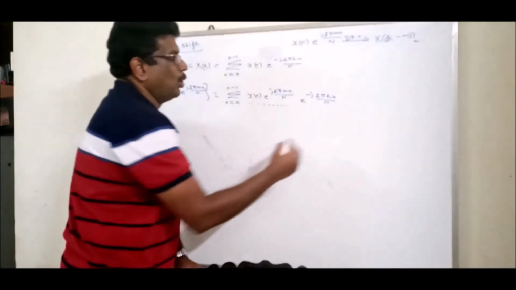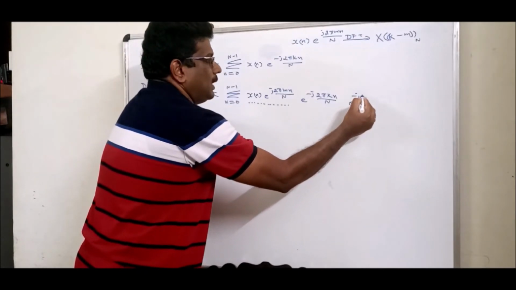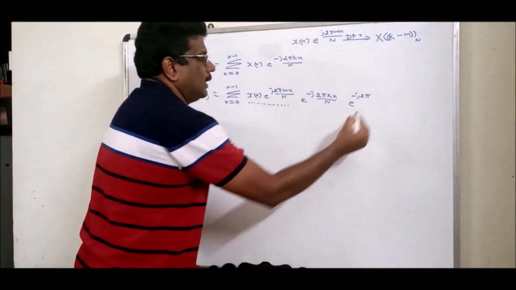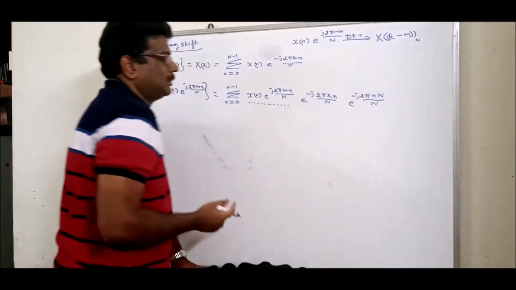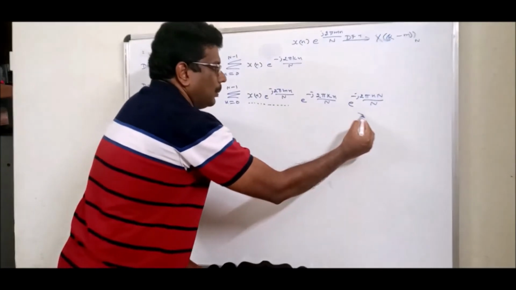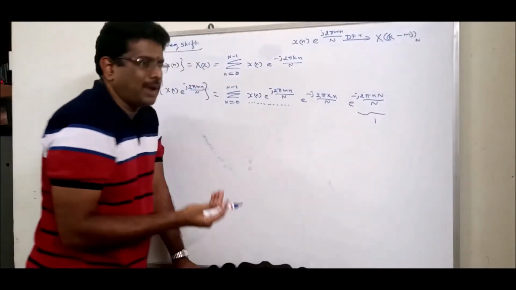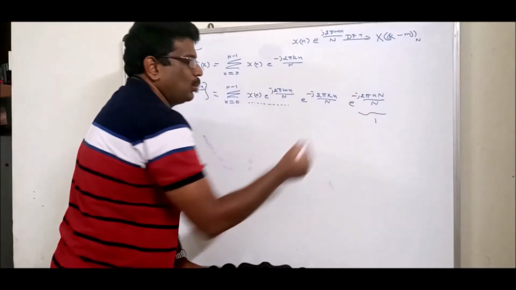Now recall, this term is as per your formula. I am going to include one more term, e power minus j 2 pi n by n. How come, sir, you can include one extra term? Because its amplitude is 1, value is 1. Reason: n cancels, multiples of 2 pi, it is 1.